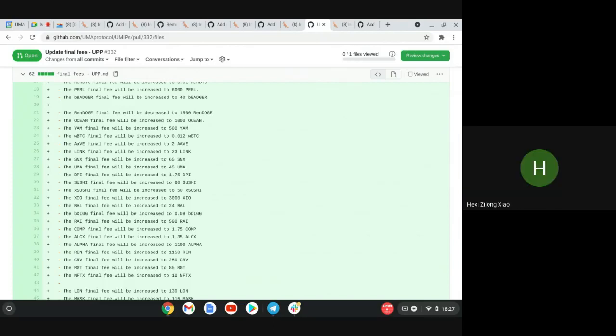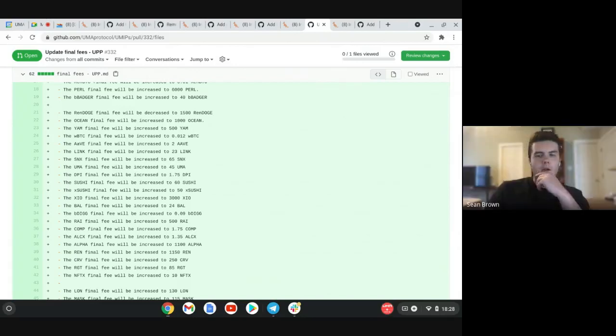Yeah, I don't know that much about smart contracts, but I'm pretty sure there are ways you could automate this final fee adjustment process to be just a single ETH transaction. You mean without any sort of governance around it?